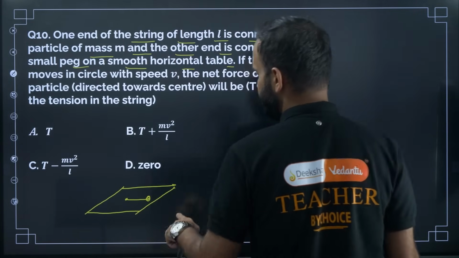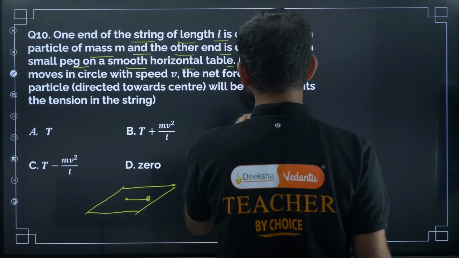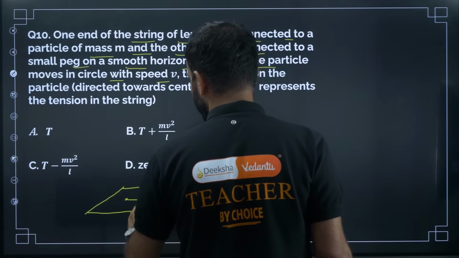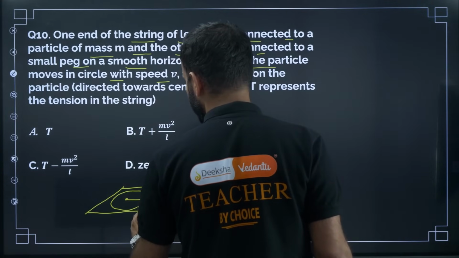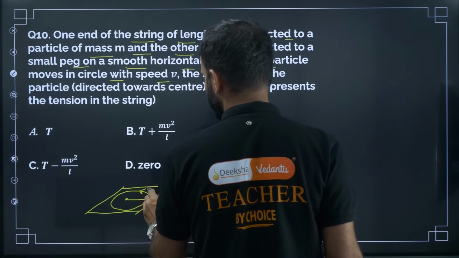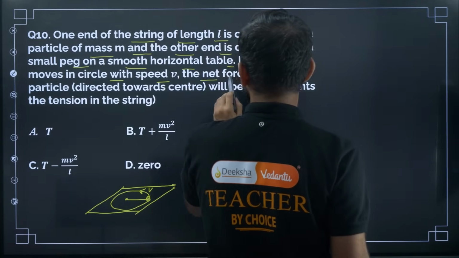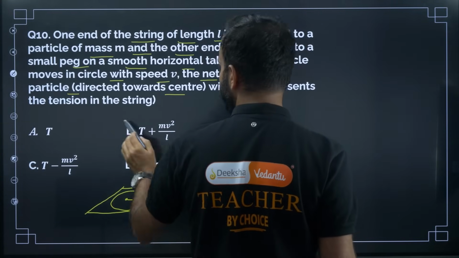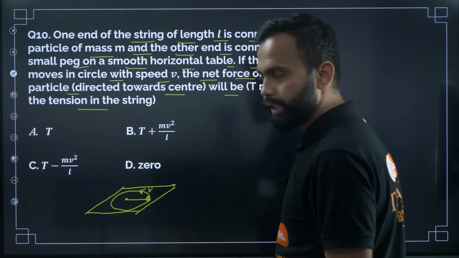The string is connected between the peg and the particle. If the particle moves in a circle with speed v, the net force on the particle directed towards the center will be, T represents the tension in the string.